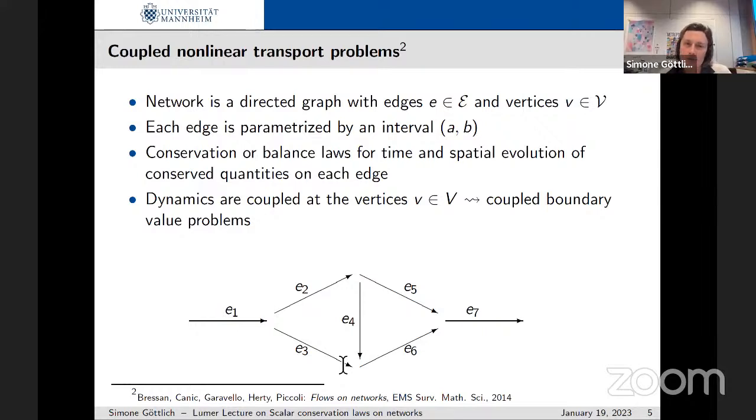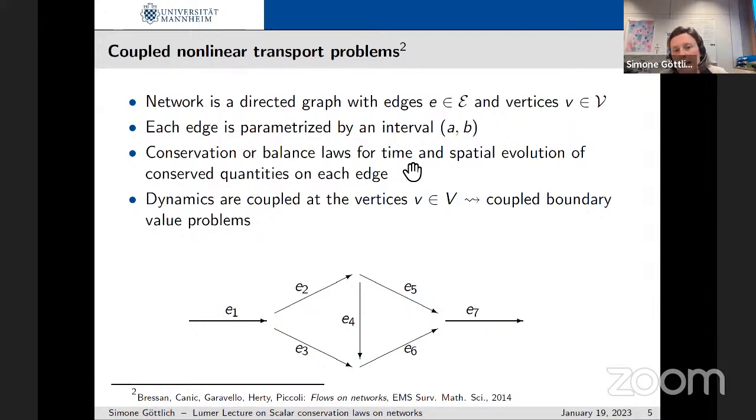And the dynamics on each arc is given by some conservation or balance law. This is in particular important for applications like gas flow. These conservation laws or balance laws describe the time and spatial evolution of conserved quantities on each edge.